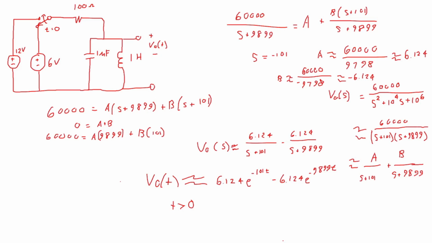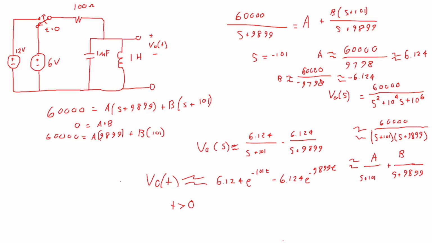The inductor refuses to take more than 60, and so the capacitor must have the other 60. And that's fine, but the current going into the capacitor, we know that the current is C dV dt. So if the current is non-zero, that means the voltage on the capacitor starts to increase over time.